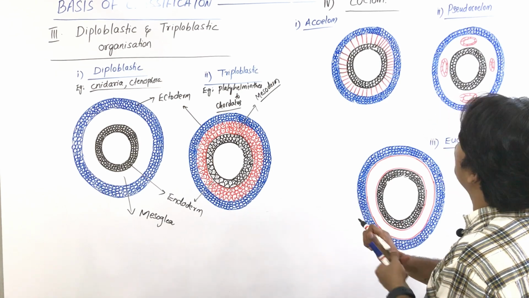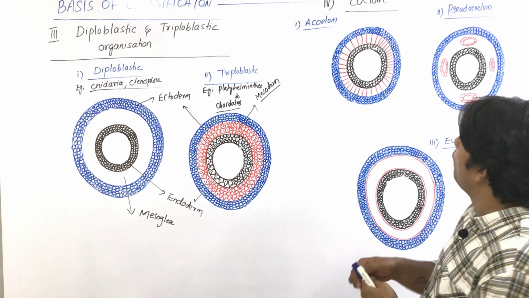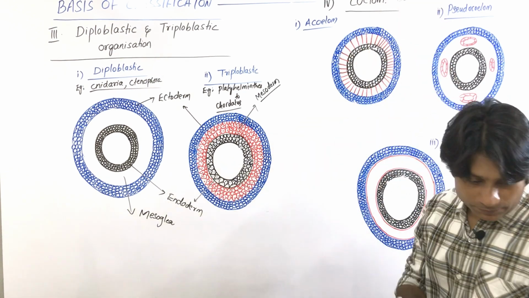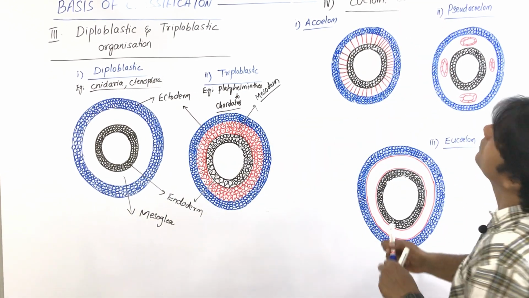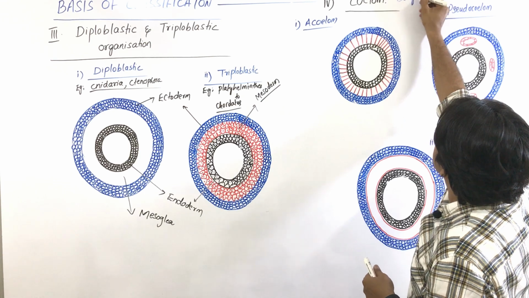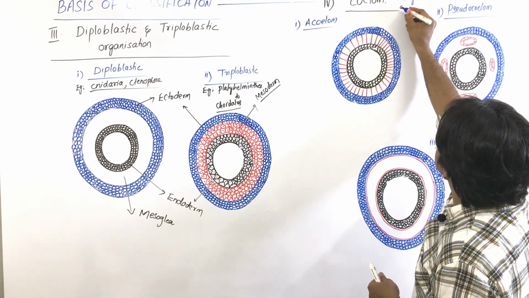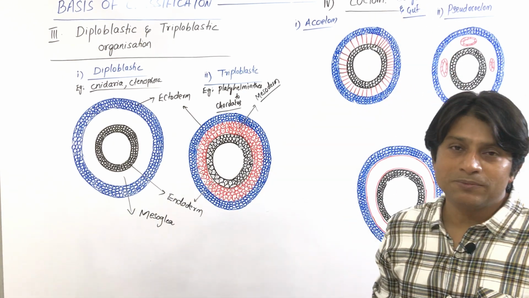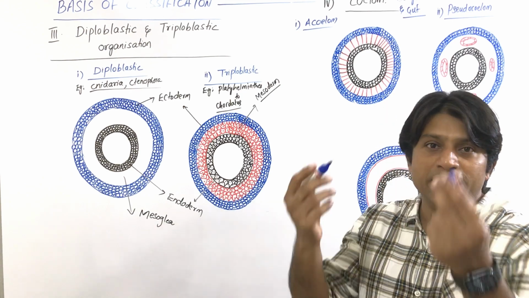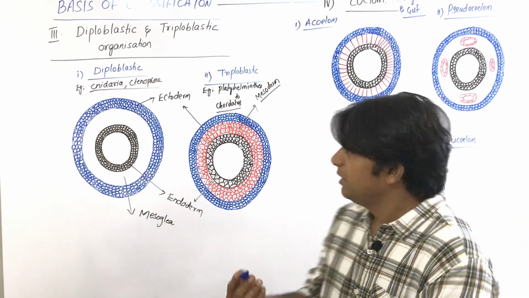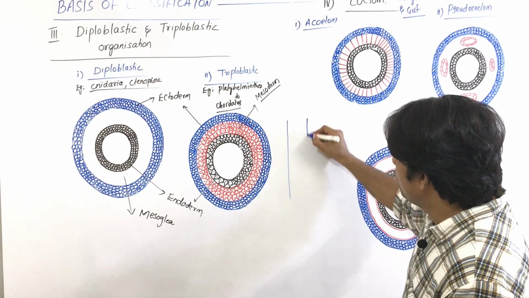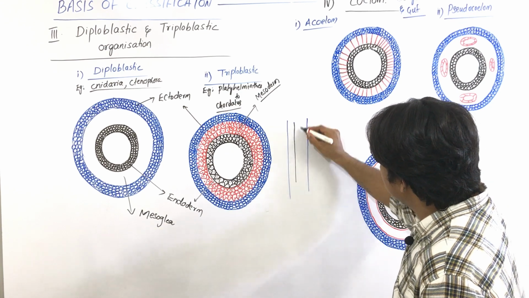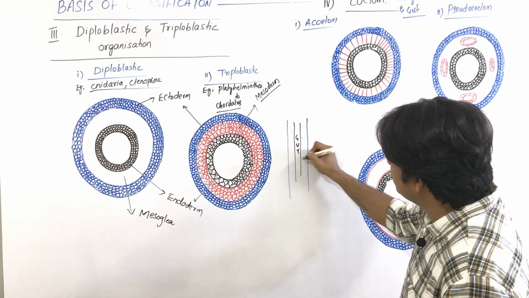So I can say that coelom is the space which is between the body wall and gut, alimentary canal, that is known as coelom. Like you just compare, if any triploblastic animal you take, if this is the entire body wall of the animal, and imagine in the middle this is gut called alimentary canal, right?